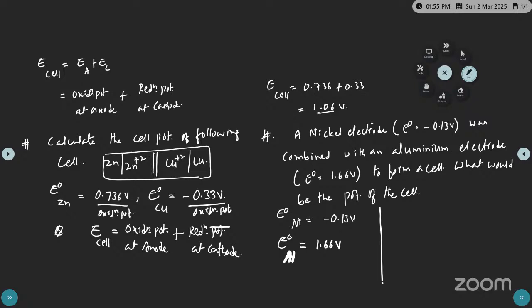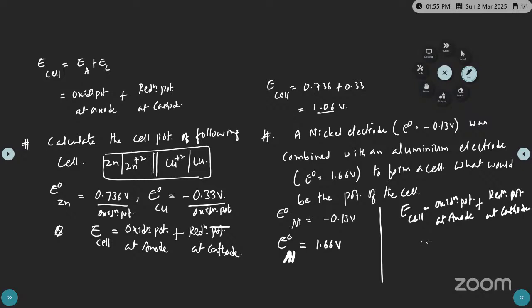E cell is equal to oxidation potential at anode plus reduction potential at cathode.